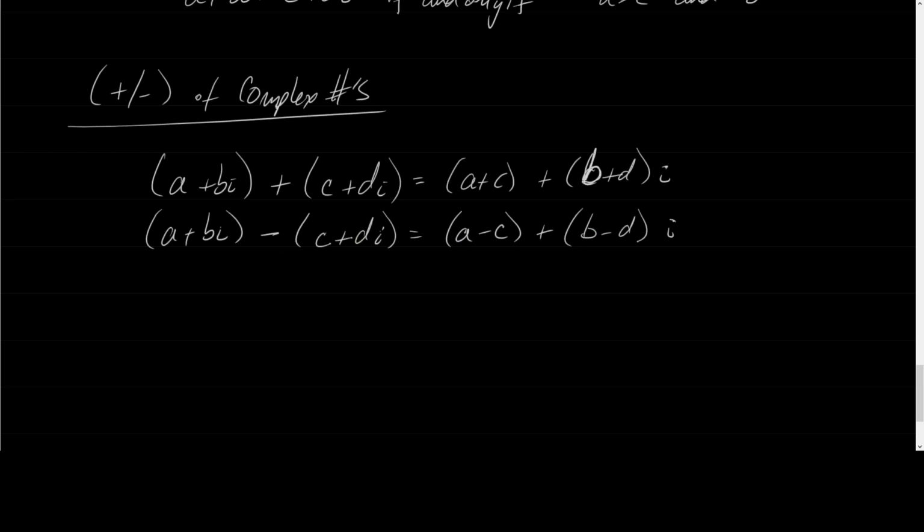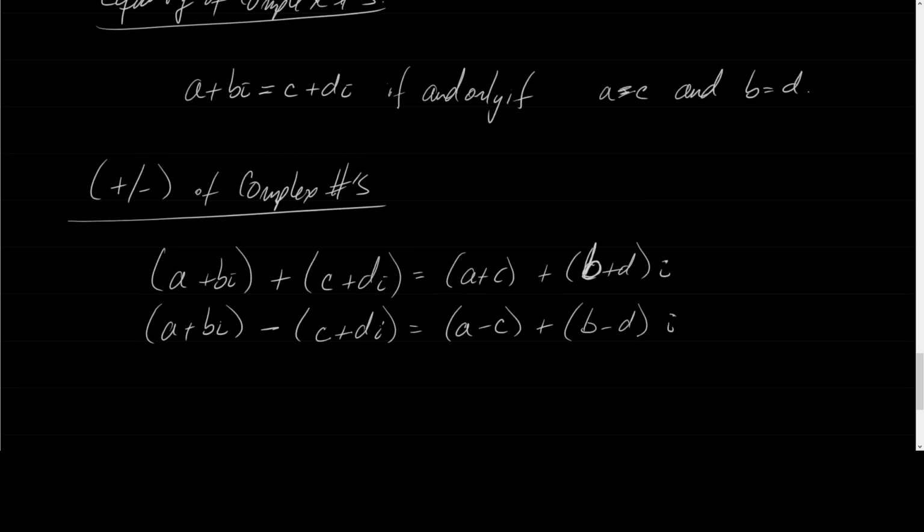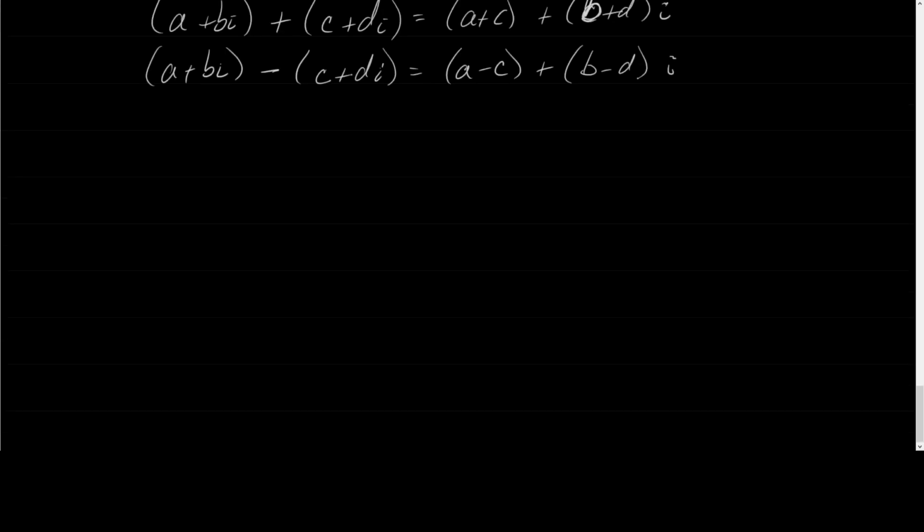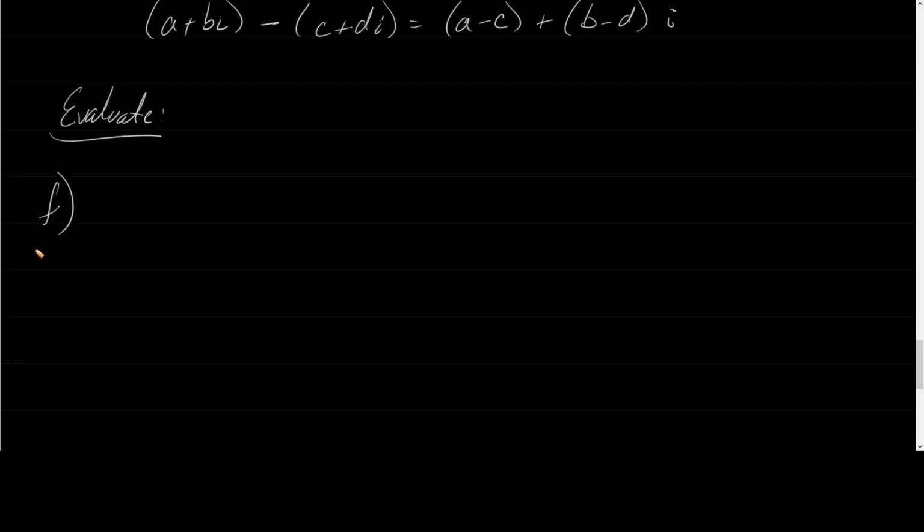So let's go ahead and do some examples. That last one was E, so F. Evaluate the expression. Let's say I had something like 7 plus 3i plus 5 minus 4i.